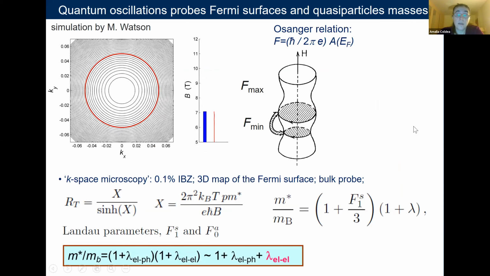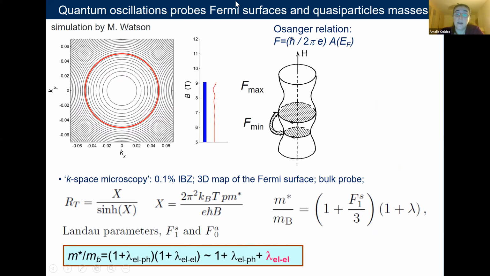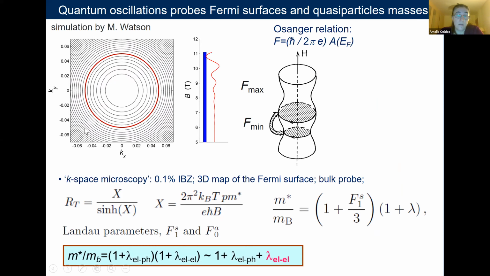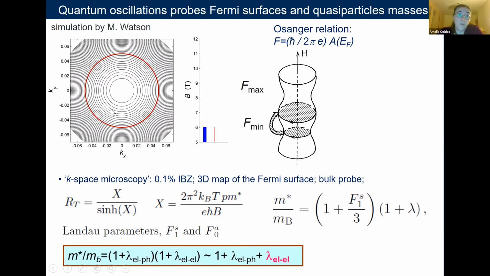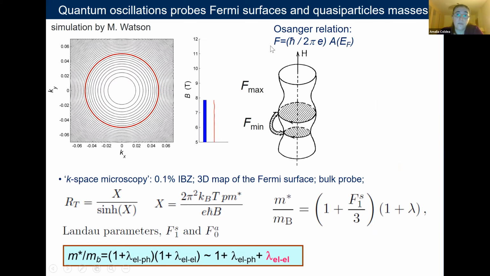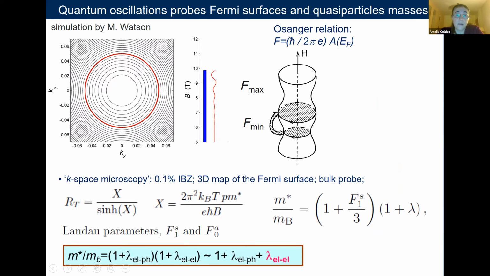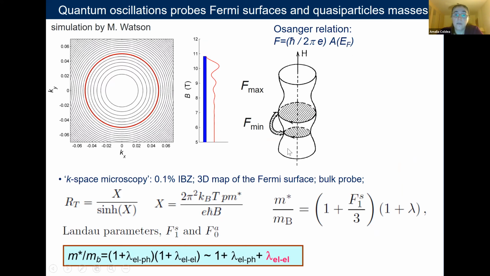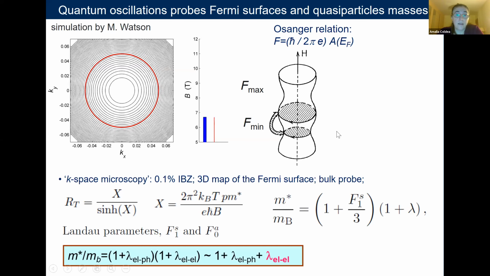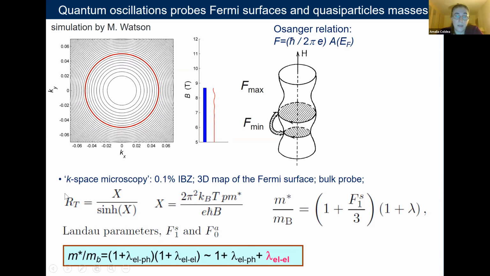For this, we are using quantum oscillations, which is a very powerful probe of Fermi surfaces and of identifying the behavior of quasi-particle effective masses. In a quantum oscillations experiment, due to Landau quantization, we see oscillations in the density of states, and the frequency of these oscillations is related to the extremal areas on the Fermi surfaces. For example, in the case of a two-dimensional cylinder, we have a minimum and maximum frequency, and you can imagine that for a multiband system, the frequency spectrum becomes very complex.